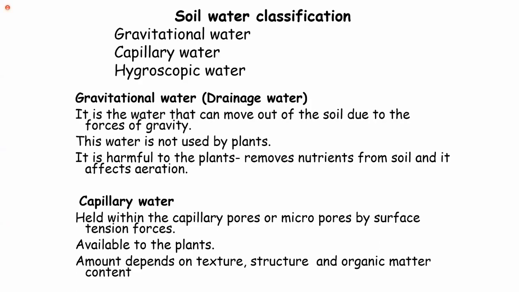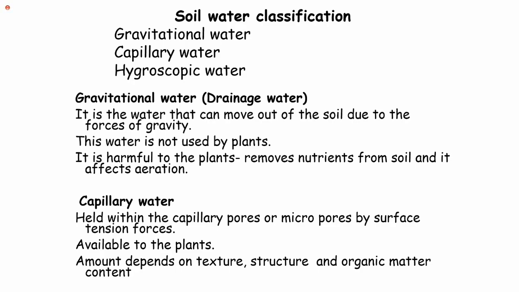And the next one is capillary water. This capillary water is held within the capillary pores or micropores by surface tension forces. This capillary water is available to the plant, and the amount of capillary water available in a soil will depend on the texture, structure, and organic matter content of the soil.